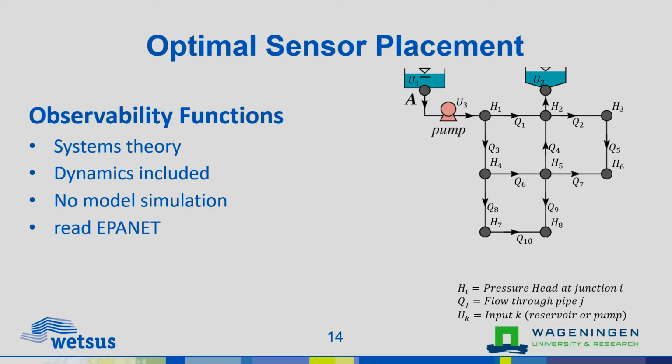The dynamics will be included in this model, so it will include all the hydraulics that are happening, even the pressure wave velocity, which is usually not included in these kinds of models. No simulation is required. No virtual leakages have to be simulated for each different location in the network. It will solely rely on the properties of the network itself, and it will be constructed in such a way that it can read the EPANET models and is completely open source.